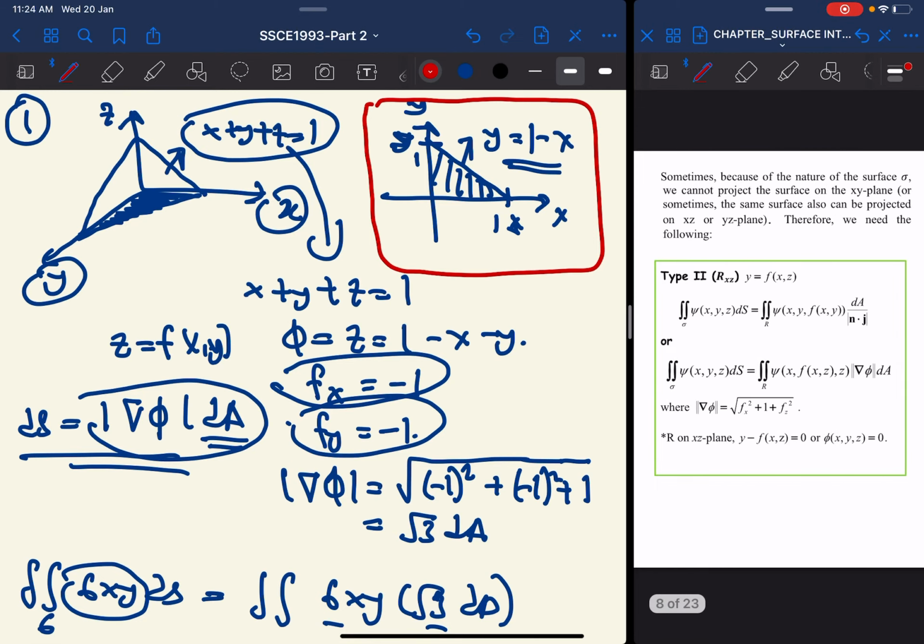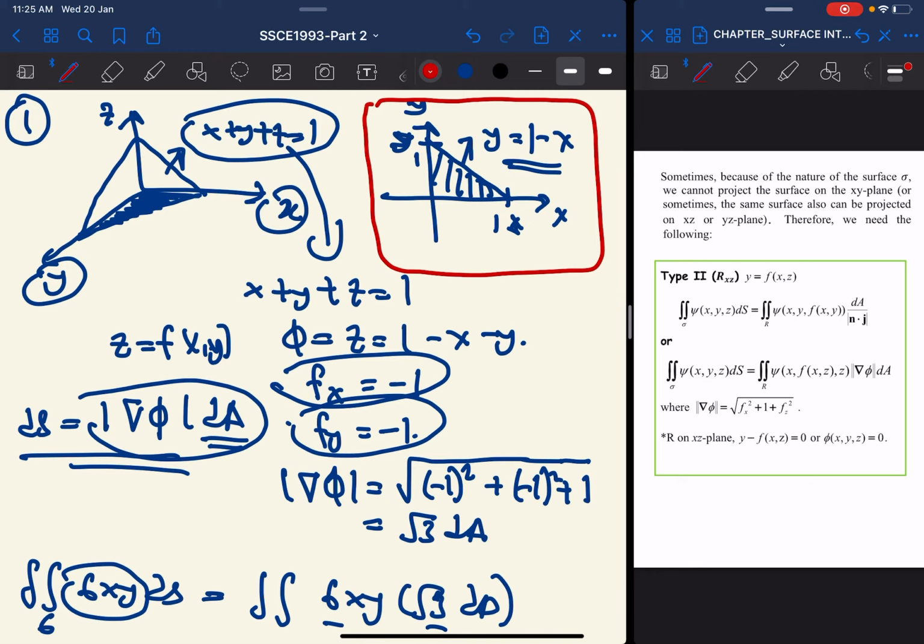Now, previously we were talking about the projection on the xy plane. What if we cannot project the surface on the xy plane? In a certain condition, the given surface equation does not give you a projection on the xy plane. Therefore we need to consider the projection on other planes, either the yz plane or the xz plane.